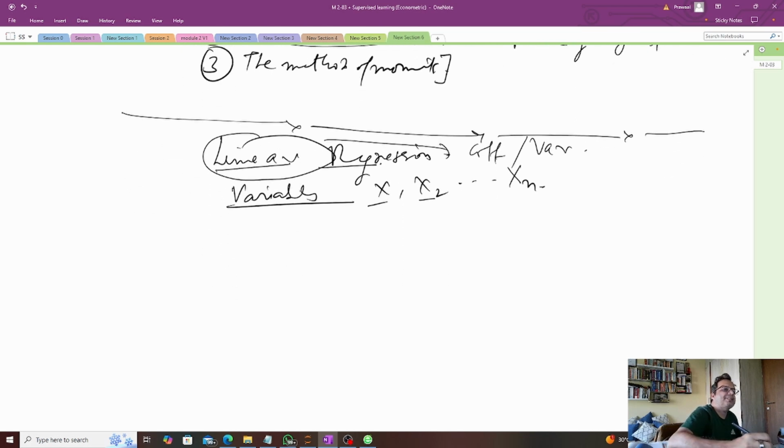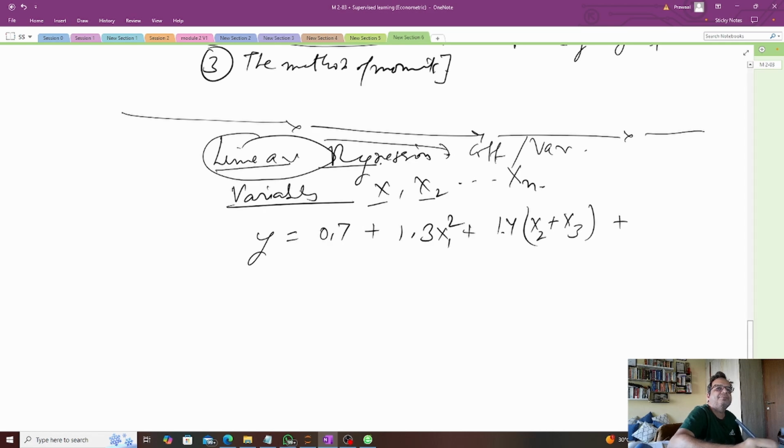This is kind of a confusing thing which you should know, and which GARP will also expect you to understand: there can be times when, say, y can be 0.7, which is your beta naught, plus maybe 1.3 x1 square, plus say 1.4 x2 x3, and then 0.7 again, x4, probably cube root.